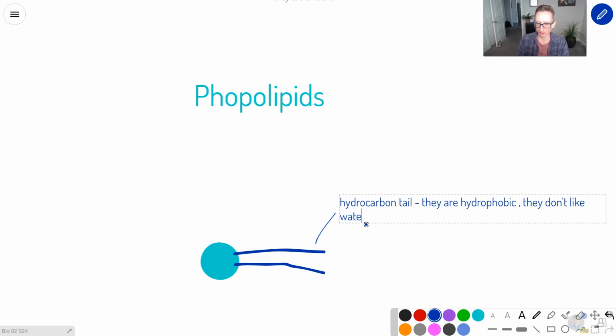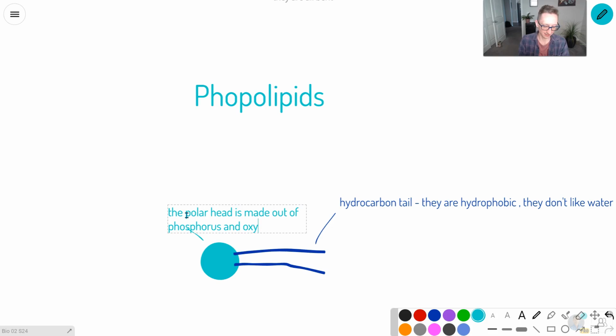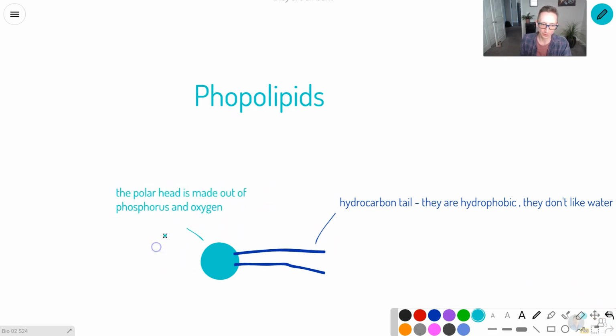They don't like water. No thanks. Whereas this polar head is made out of phosphorus and oxygen. It's a lot of phosphorus and oxygen. So it's kind of negative up here.